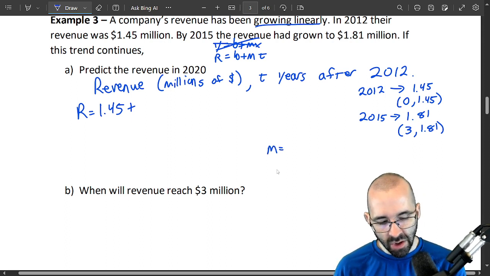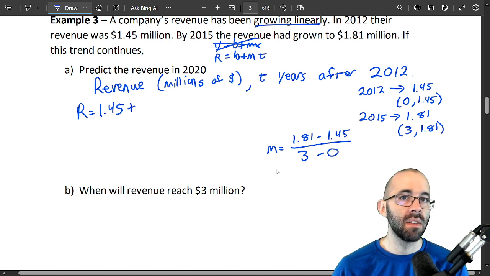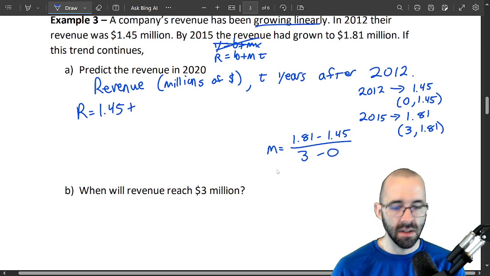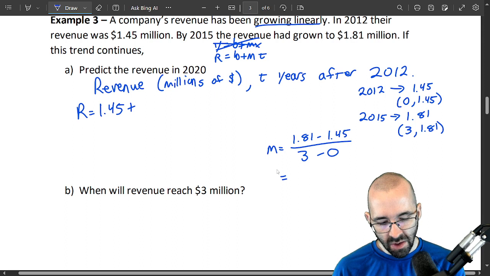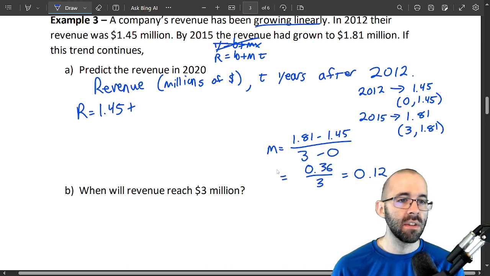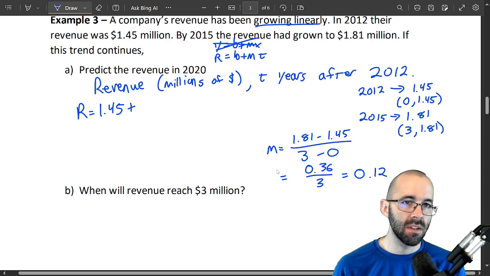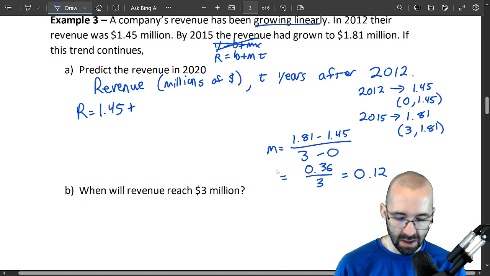Our slope is going to be the second output minus the first output divided by the second input minus the first input. Just like I said, this is going to give us 0.36 over 3. Our slope is 0.12. It's growing by $120,000 every year, or $0.12 million.